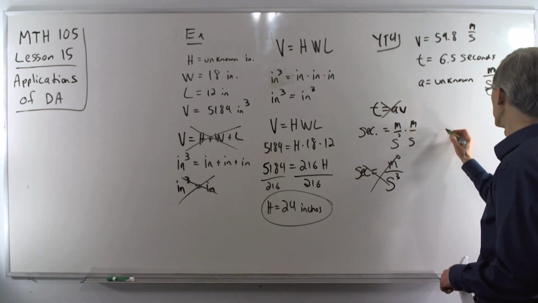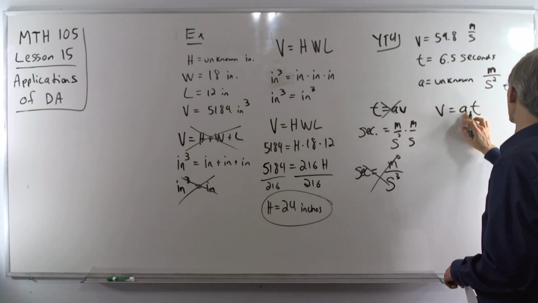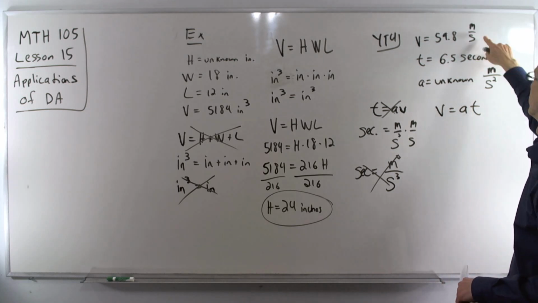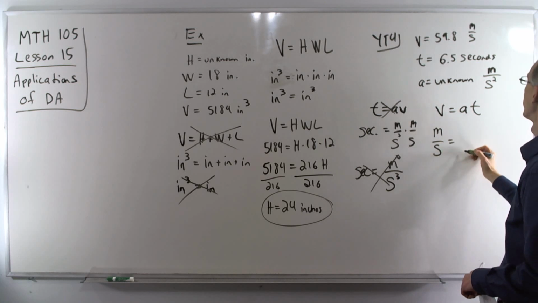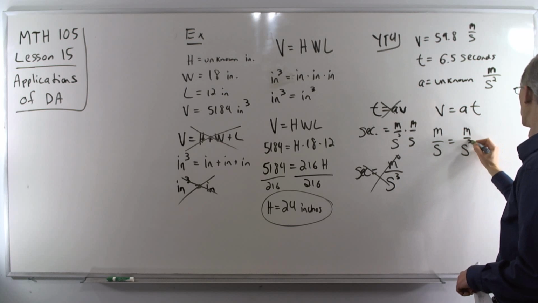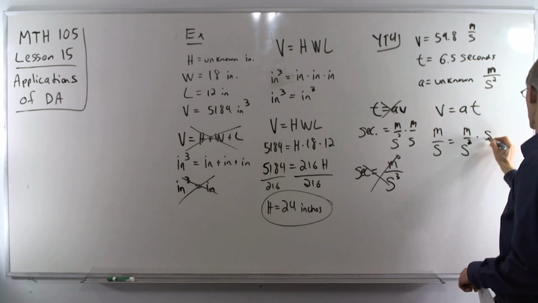All right, how about v equals a times t? Just switch it around a little bit. Okay, v, meters per second on the left. And on the right, we have acceleration, meters per second squared. And time is in seconds.